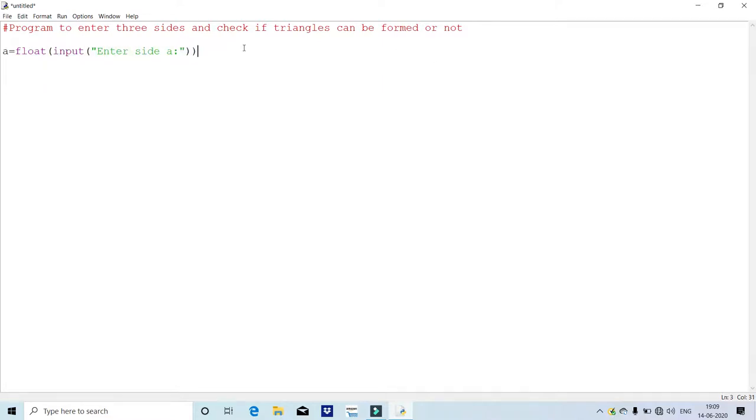Similarly, we can take help of copy paste and change the variable names for side B and side C.